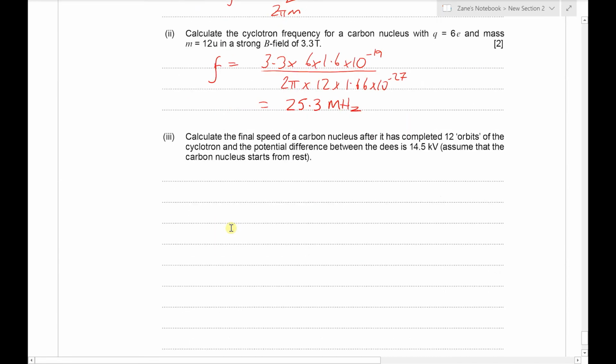For the last part of the question, we've got to calculate the final speed of a carbon nucleus after it's completed 12 orbits of the cyclotron, and the potential difference between the D's is 14.5 kilovolts, and we're assuming that the carbon nucleus starts from rest.